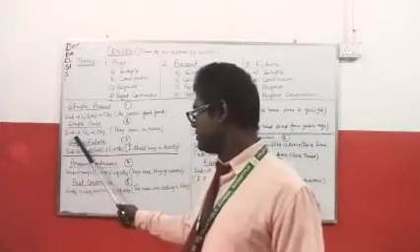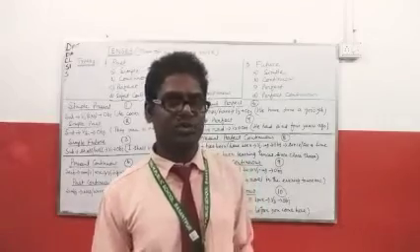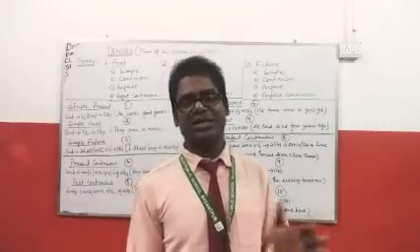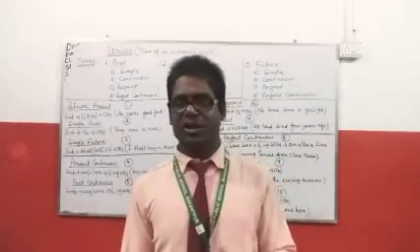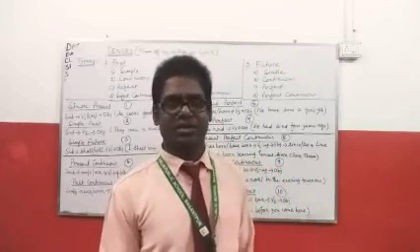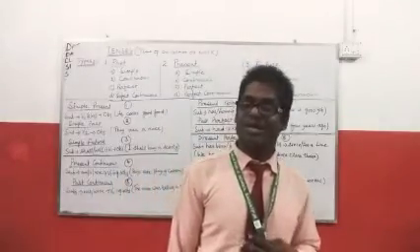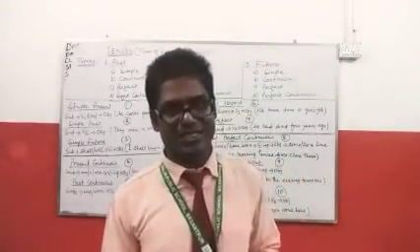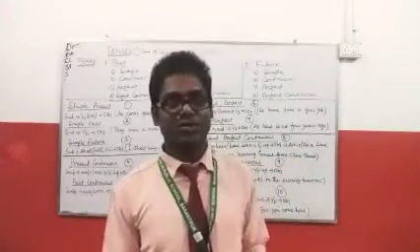Structure: subject, V2, object. We know the second form of the verb, we know the first form, second form, third form. These are the three forms, like play, played, played; go, went, gone; do, did, done; run, ran, run. So these are the three forms of verbs. You learned so many verbs in previous classes, and in these classes also you have learned the three forms of verbs.